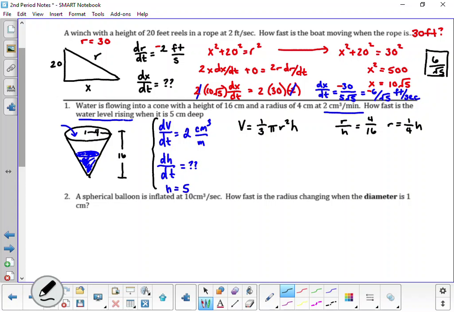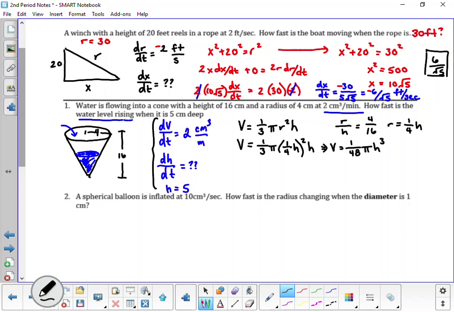So now I can rewrite my volume equation in terms of h only, so when I take the derivative it'll be a lot easier. Let's simplify it before we go. So volume is 1/48 pi h cubed.